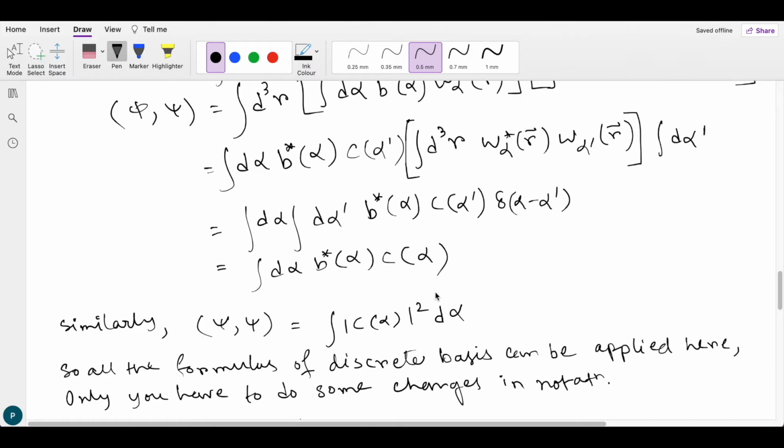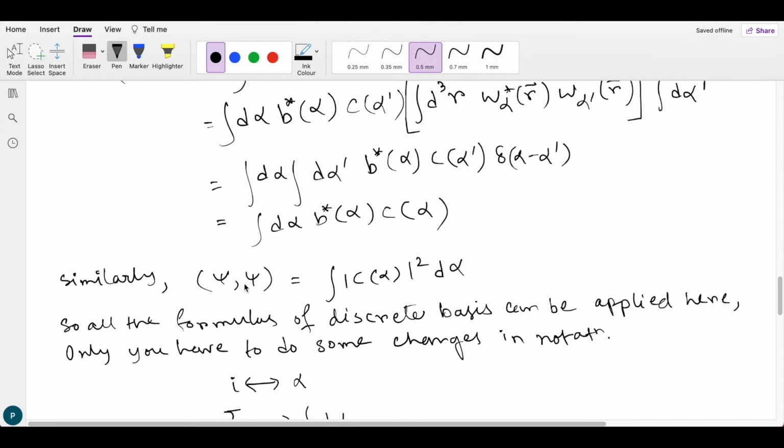In case of a discrete basis, we had the summation over i of b_i star c_i, but as this is a continuous basis, instead of summation we have to use the integration, and after the calculation we can see that our prediction is matching with our calculations.